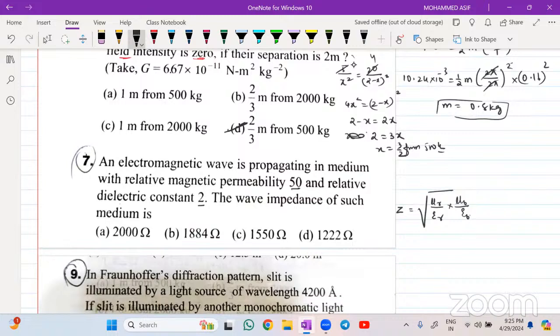Relative magnetic permeability is 50, and relative dielectric constant is 2. That means this value will be equal to the square root of 50 divided by 2. What is the value of 50 divided by 2? Simplify it, that will give me the answer.